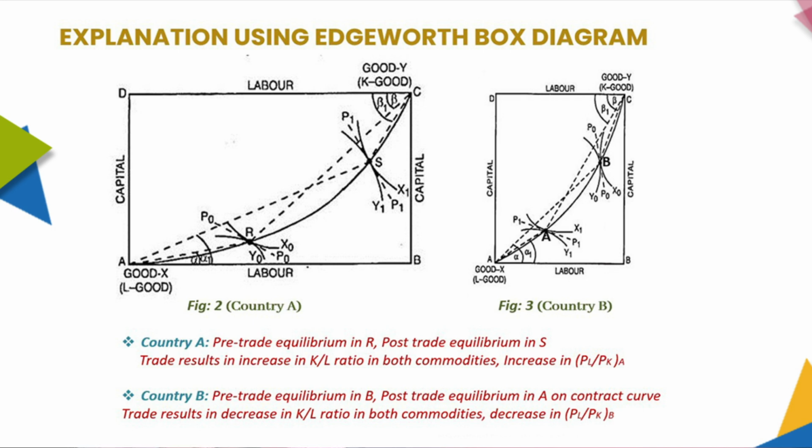The points on this contract curve are points of Pareto optimality. Let us assume that the origin of good x is at A, and the origin of good y is at point C. We understand that prior to trade, the country is producing both commodities, commodity X and commodity Y, and we have a set of isoquants X and Y in the diagram.